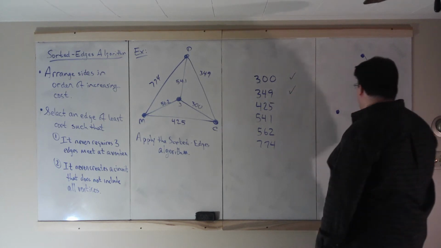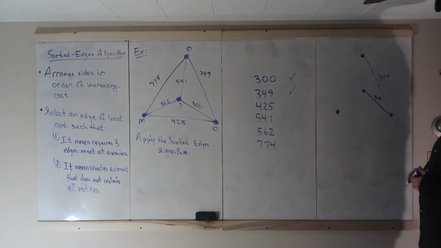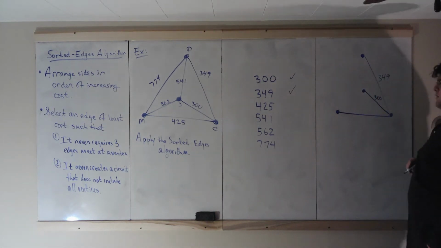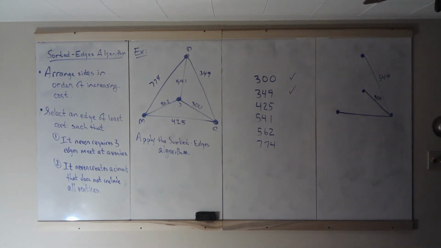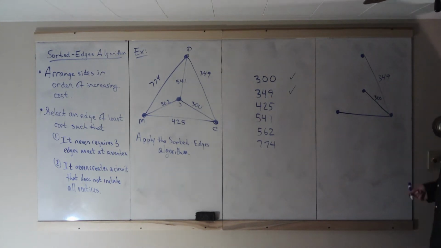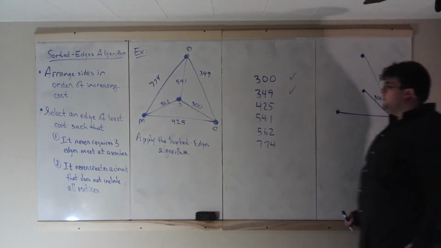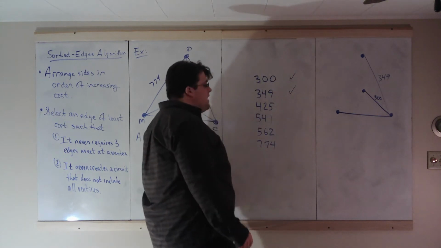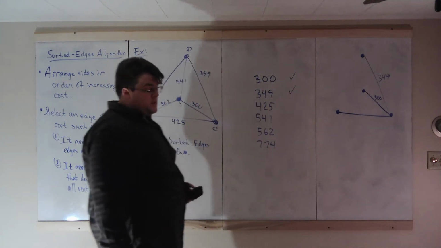What about 425? What happens if you add this 425? You might not want to write this if you don't have an eraser. If you add 425, look what happens. You're visiting Chicago now 3 times. We know we need to start and end, potentially, at Chicago, but we can't visit it 3 times.